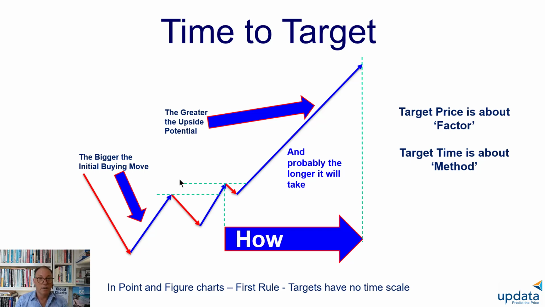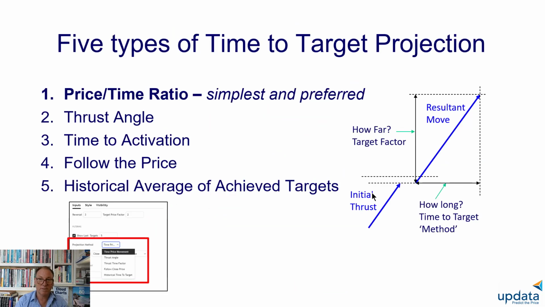So the idea behind the point and figure targets was that you had an upside potential, but we didn't really ever talk about time to target because point and figure charts had no time scales. So the first rule of the targets originally was there is no time scale. But we've tried to address that by looking at different methods for how long it will take.